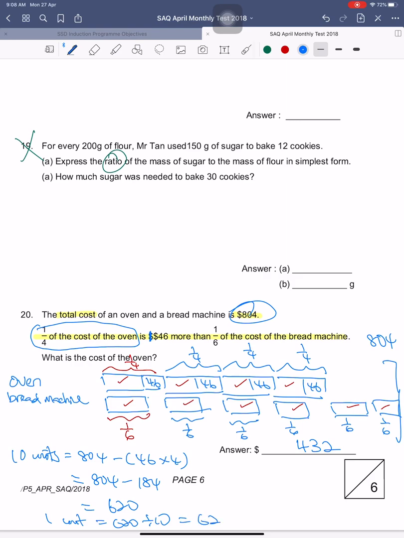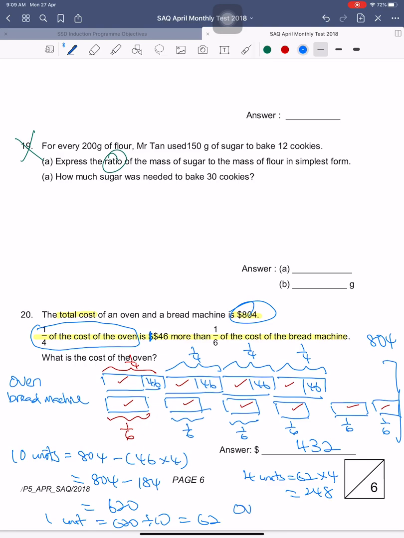Okay, the question wants us to find out what is the cost of the oven. So the oven will be 4 units. So 62 times 4, that will be 248.